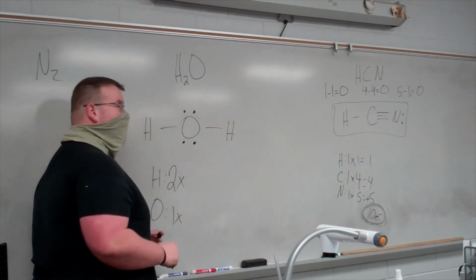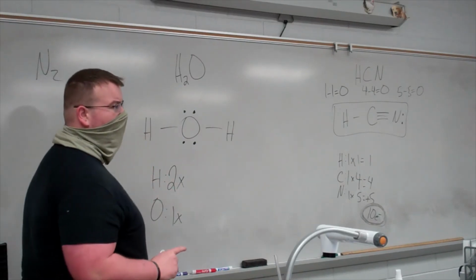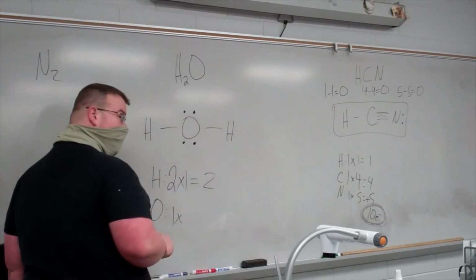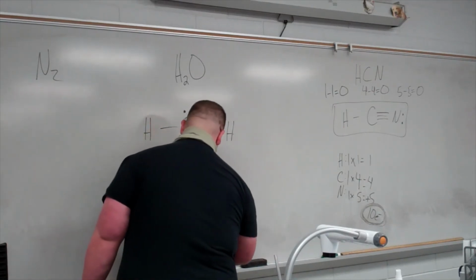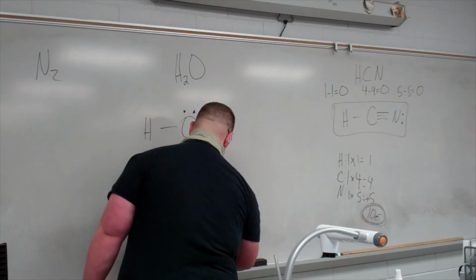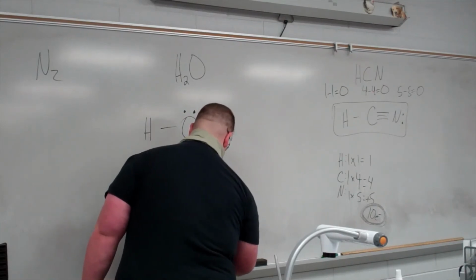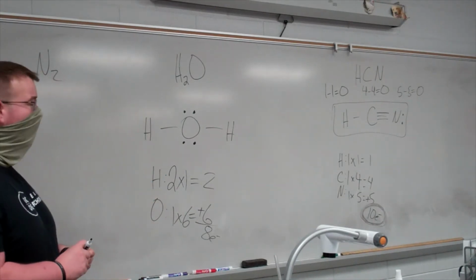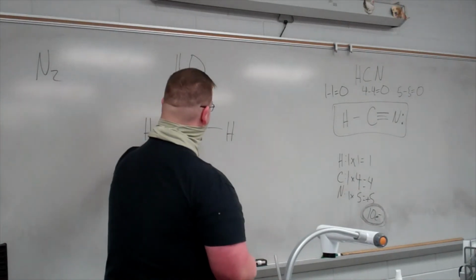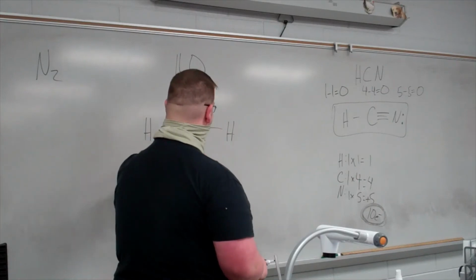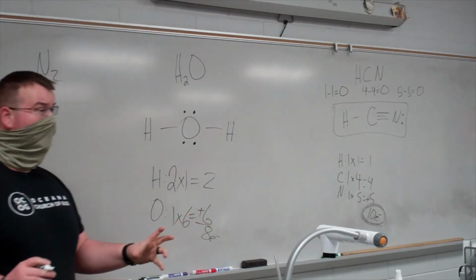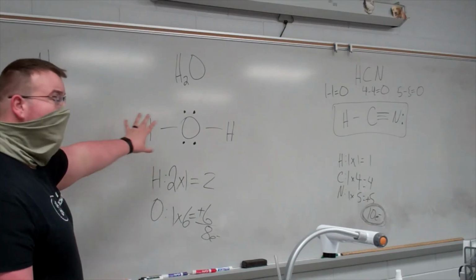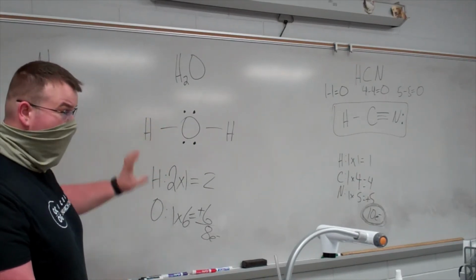How many valence electrons does hydrogen have? 1. So 2 times 1 is 2. Oxygen? 1 times 6 is 6. 2 plus 6 is 8. So I have to show 8 electrons. Count it up: 1, 2, 3, 4, 5, 6, 7, 8. We're showing 8 electrons. I don't need a double or triple bond because those numbers match.